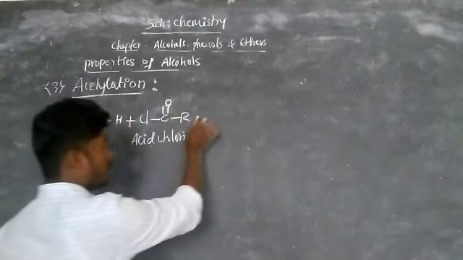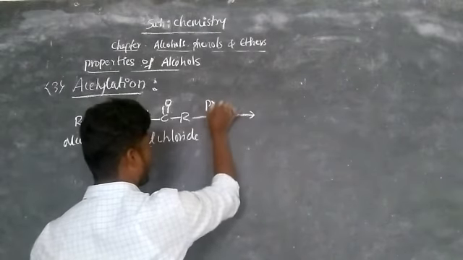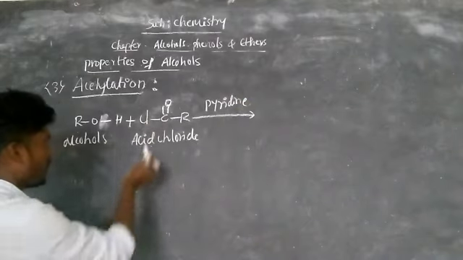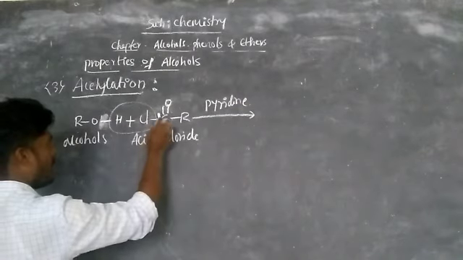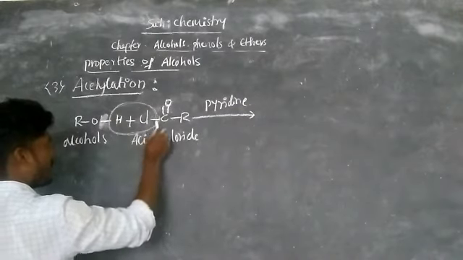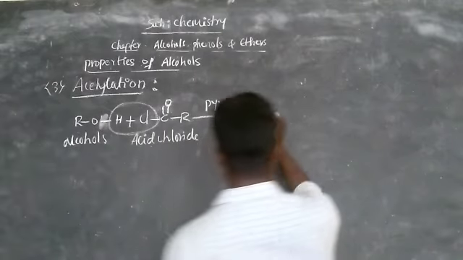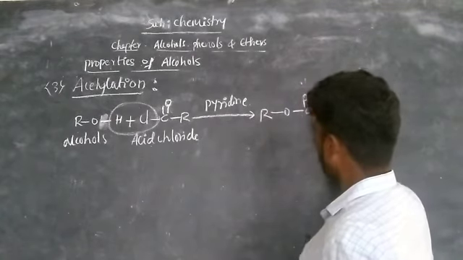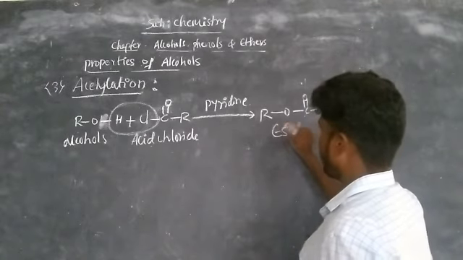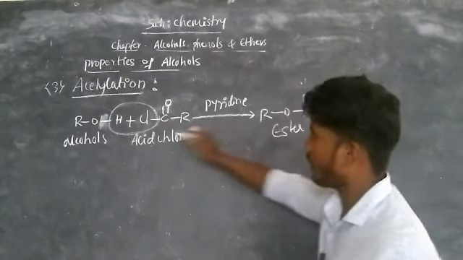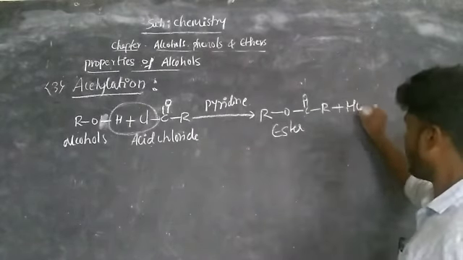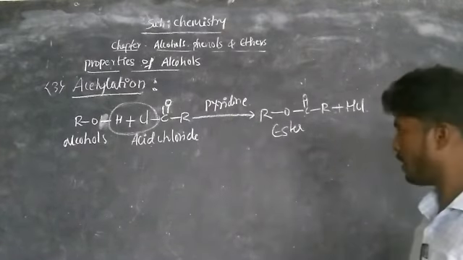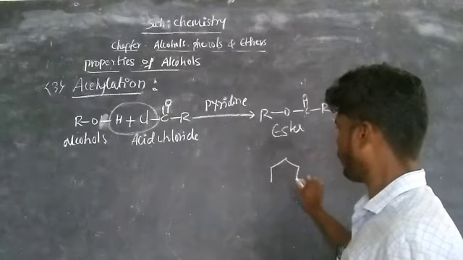See here, it is reacting in presence of pyridine. These two get combined together. H and Cl become HCl, and the remaining one is R bond O bond C double bond O bond R. This is what? Ester. Plus we get HCl as byproduct. This HCl reacts with pyridine and forms pyridinium salt. See here, the pyridine structure is this one.